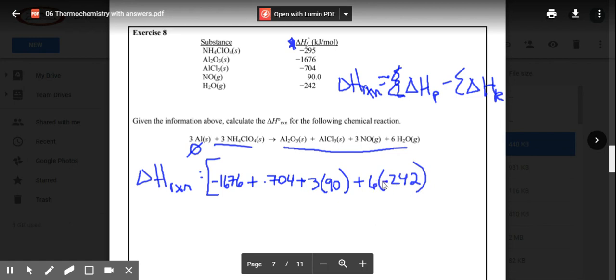All right. So that is all of my products. Now I'm going to subtract all of my reactants. Aluminum is 0, so 3 times 0 is just 0. Ammonium perchlorate is NH4ClO4, and it's 3 times that, so it's 3 times negative 295.